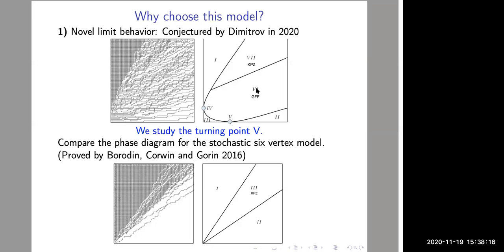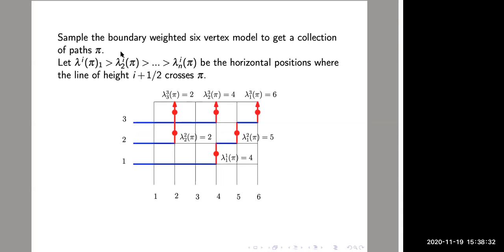So this phase diagram is almost entirely conjectural at this point, and we're going to do something more basic. We're going to study the point 5, which separates 2 frozen regions, and try to confirm the phase diagram near that point. So we want to study the point that separates all horizontal vertices from all empty vertices.